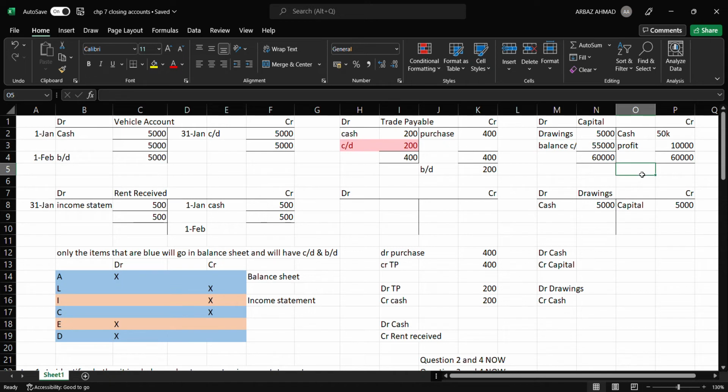If we have balance carried down, then we are going to have balance brought down, and balance brought down is going to be the amount that is balance carried down. Drawings also can have balance carried down, or you can just transfer the amount directly to the capital account. So this is the concept of balancing and closing account.